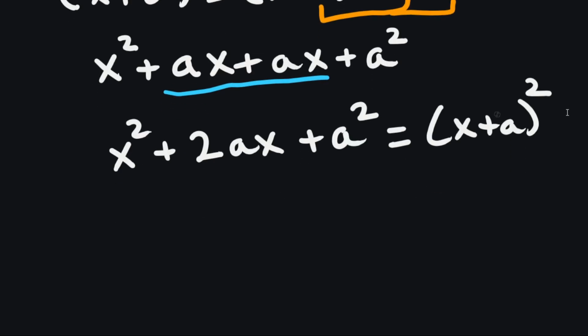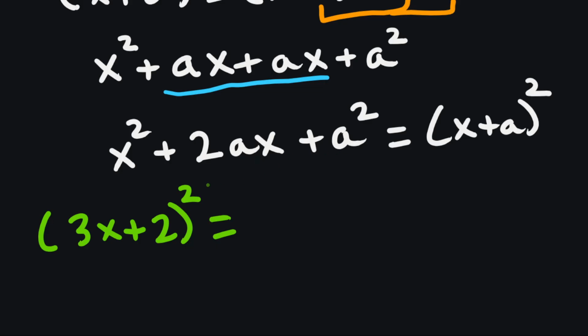So this is important because if we had any binomial, let's say we had the binomial 3x plus 2, and we wanted to square it, we could use this formula we just created. In this case, x would be 3x.